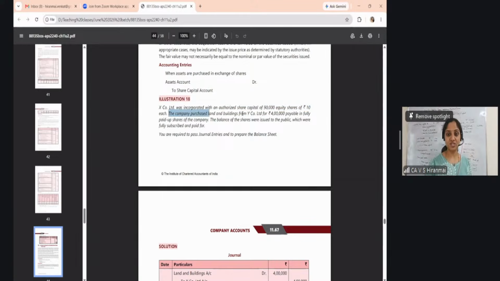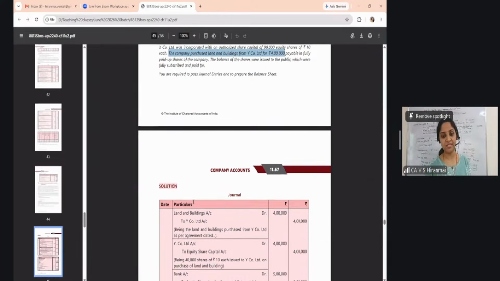The company purchased land and building from Y Company Limited for 4 lakhs payable in paid up shares, and the balance shares were issued to the public. Please see here, asset to the vendor account, how much? 4 lakhs and 4 lakhs. First entry. The second entry is simple, the vendor account to equity share capital, 4 lakhs and 4 lakhs.